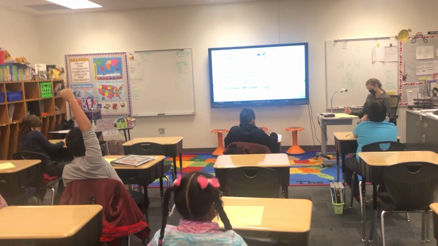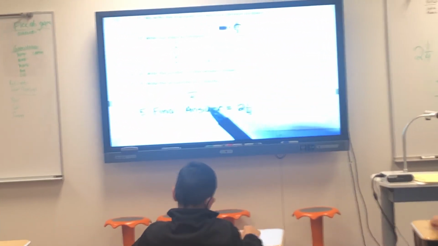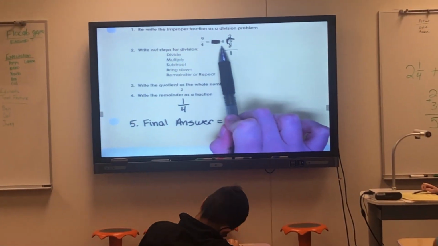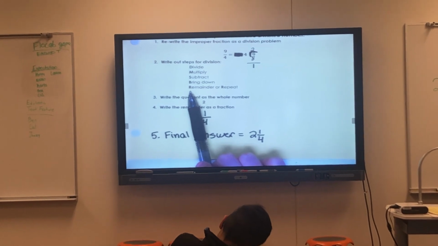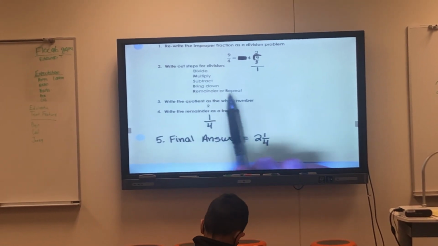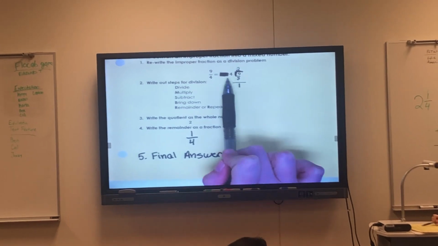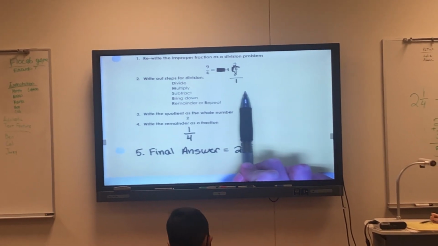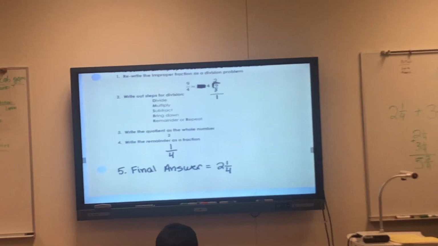Yes, very good. So Judith said we don't have anything to bring down, and we can't put 4 into 1, right? And remember, in our acronym, our R stands for remainder or repeat. Well, we know we can't repeat this process, right? Because we can't put 4 into 1. So Judith said that means that our 1 is our remainder.